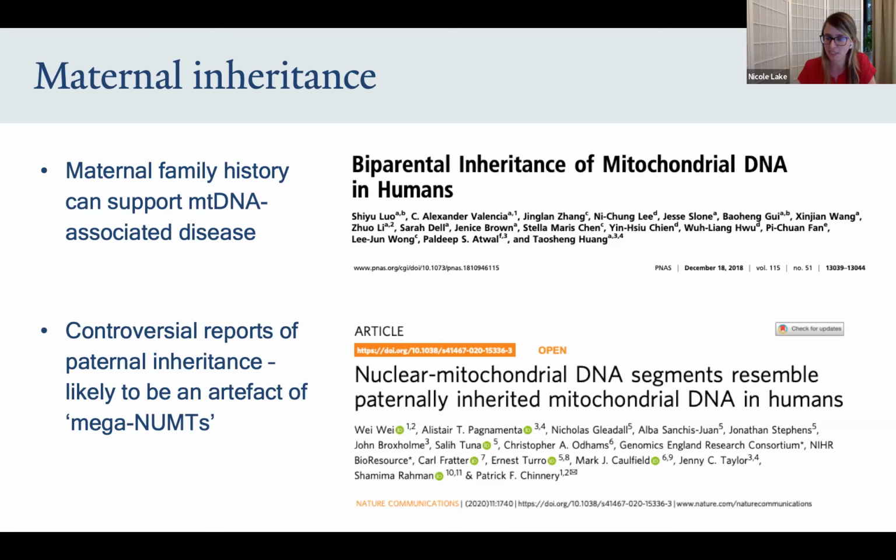This has more recently been debunked, for lack of a better word. Follow-up studies suggested that this was likely an artifact of something called NUMTs. NUMTs, or nuclear mitochondrial segments, are regions of DNA that originated from the mitochondria but have found their way into the nuclear genome during human evolution. This can mean that if you're trying to amplify the mitochondrial genome, you can potentially amplify parts of the nuclear genome by mistake. That's what led to this report.